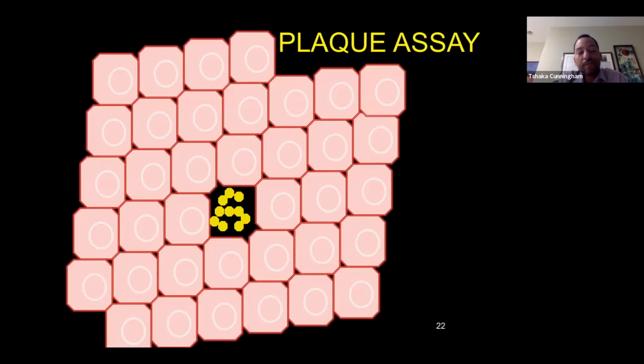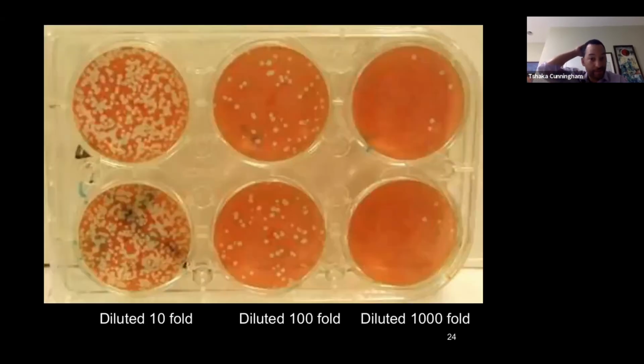Then it replicates so much that it bursts open the cells, called lysis or lytic spread, right? This is what coronavirus is doing to the lung epithelial cells. It's killing them, and that's why people are getting these horrible lung pneumonias, because without your lung epithelial cells, your lungs basically turn to papier-mâché, right? So you keep getting this killing, and it spreads, and it becomes a plaque.